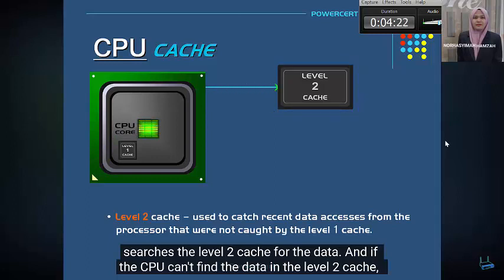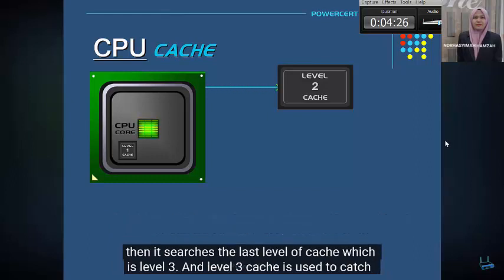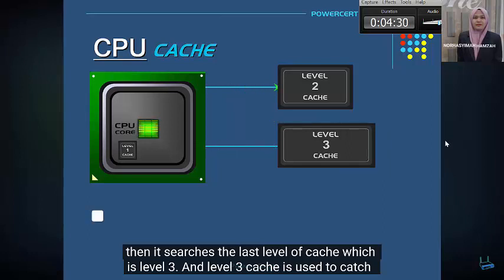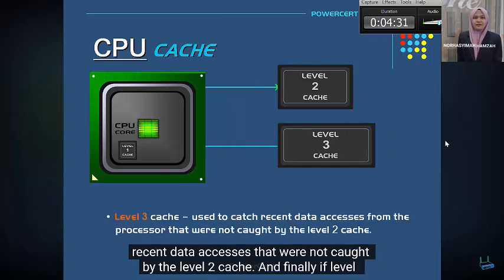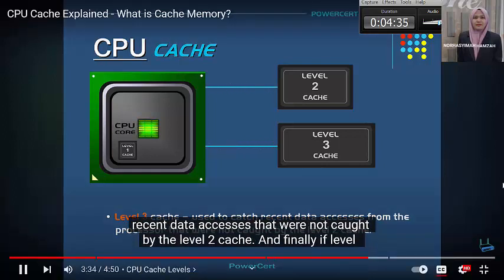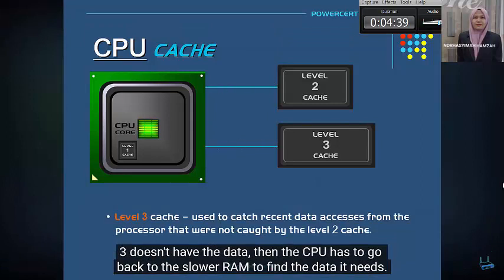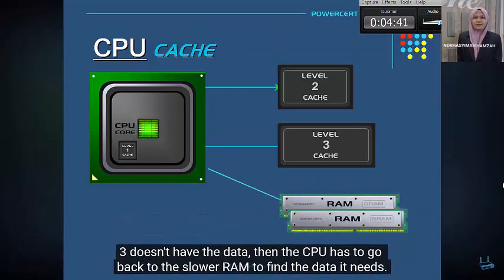If the CPU can't find the data in the level 2 cache, then it searches the last level of cache, which is level 3. Level 3 cache is used to catch recent data accesses that were not caught by the level 2 cache. And finally, if level 3 doesn't have the data, then the CPU has to go back to the slower RAM to find the data it needs.